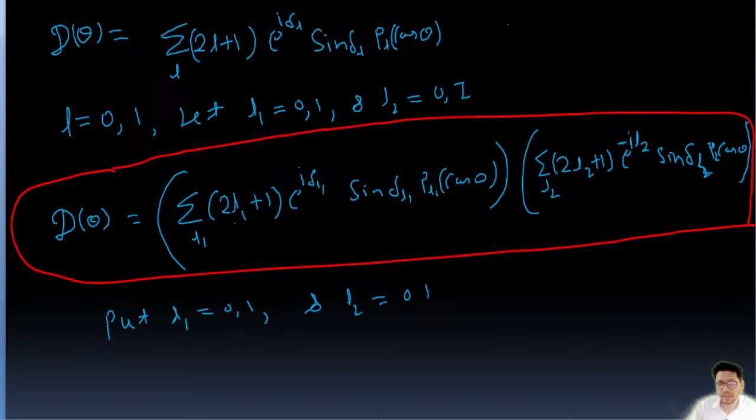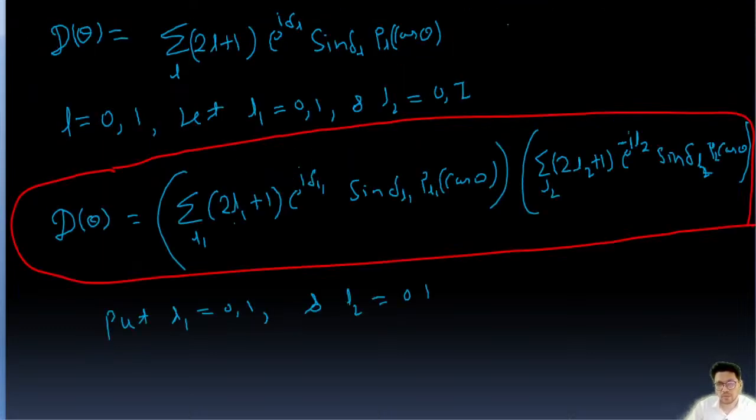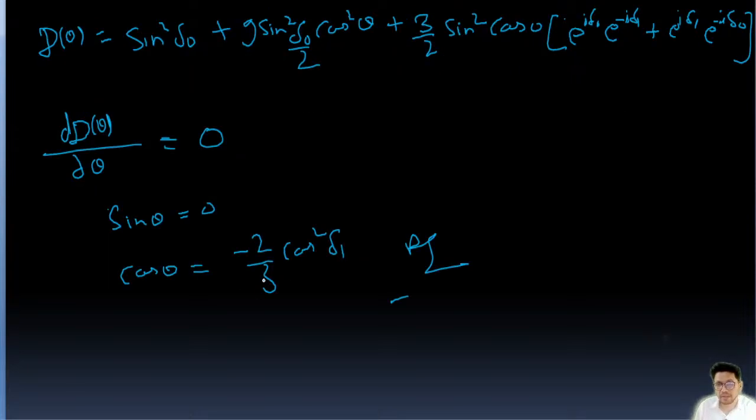Practice it and revise it, then it will be clear to you. Option C is the correct option. Minus 2 by 3 cos square delta 1. Option C.